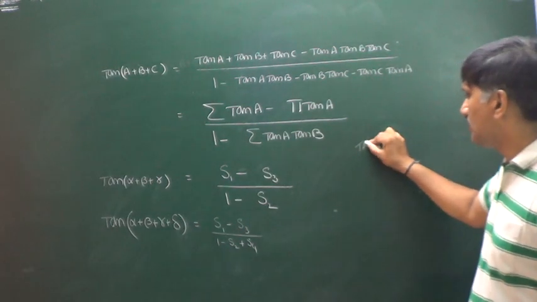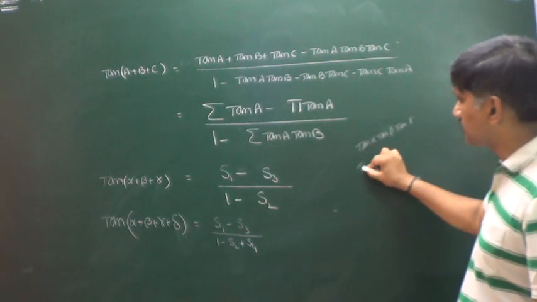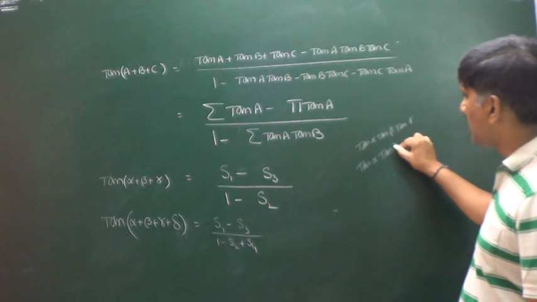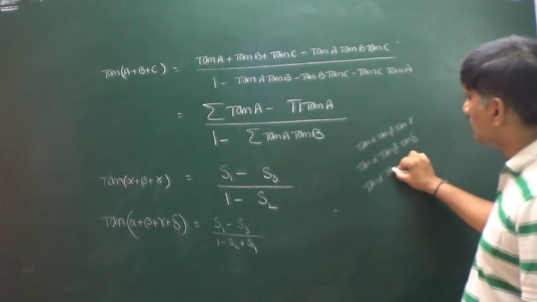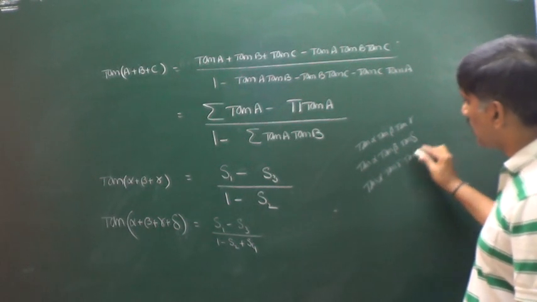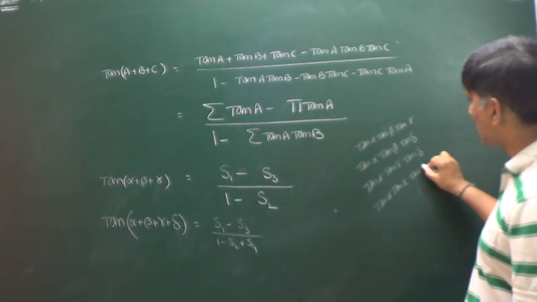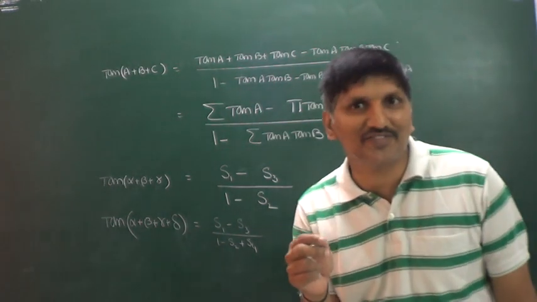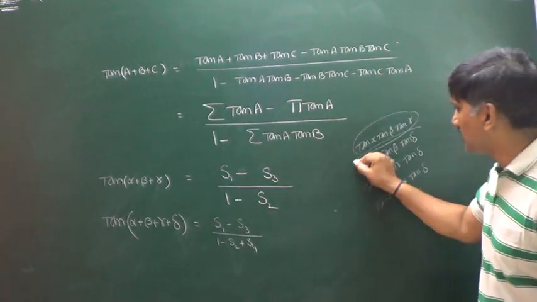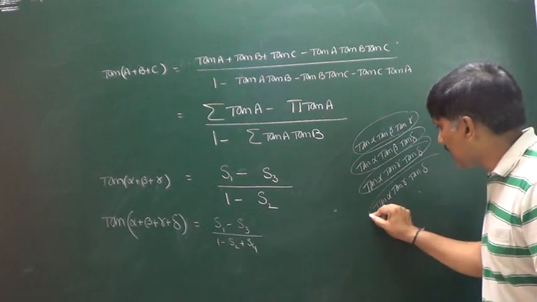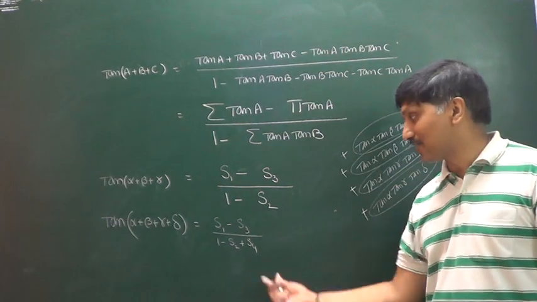S3 means tan alpha tan beta tan gamma, next tan alpha tan beta tan delta, next tan alpha tan gamma tan delta, and so on. This is the sum of the product of the terms taken three at a time. But what is S4 here?